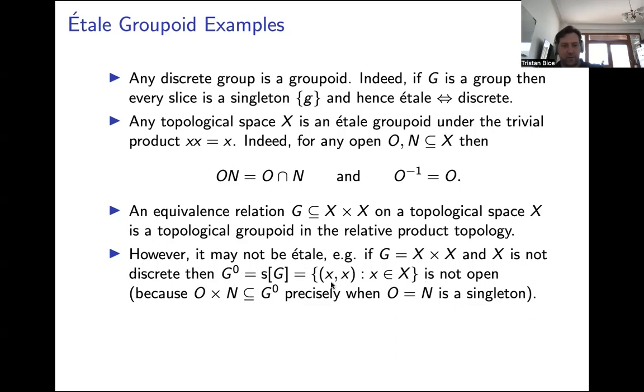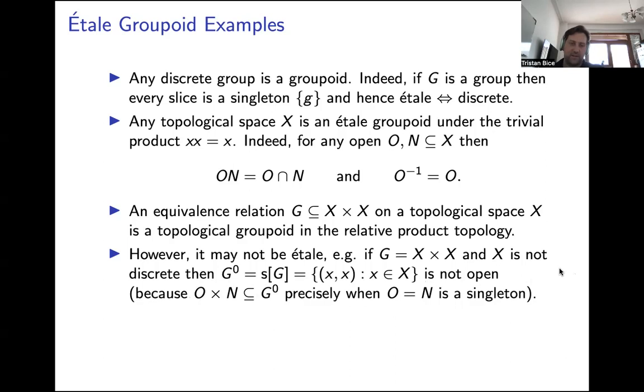But the only way some basic set in the product topology, something of the form O times N for open O and N, could lie entirely within the unit space is when both O and N contain a single element, right? The same single element, I should say. If they contain two different elements, well, that would be in the product, and this would lie outside the unit space.